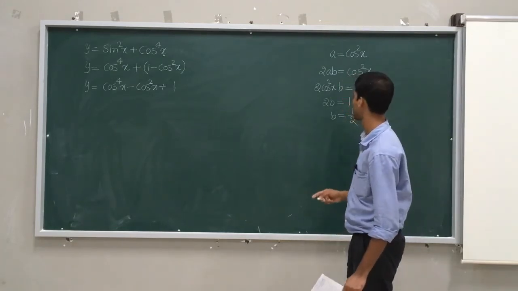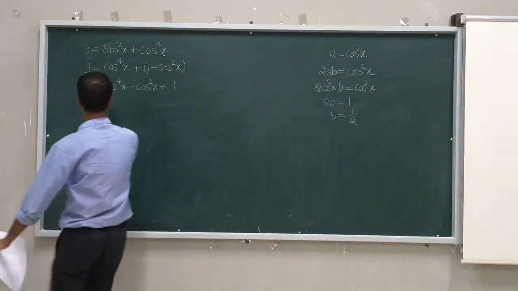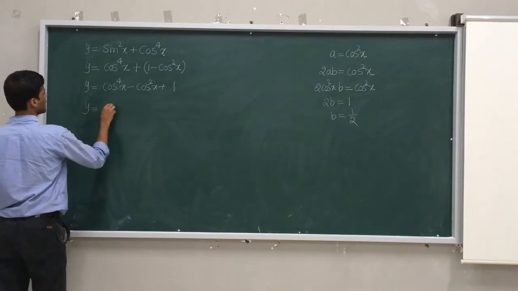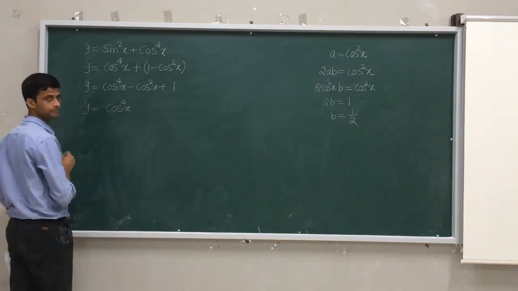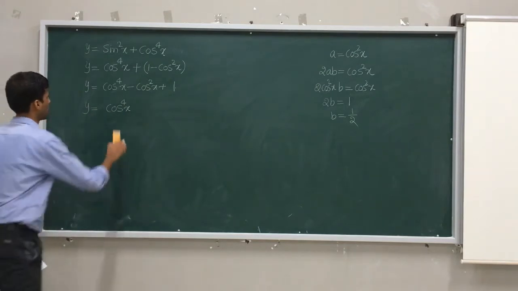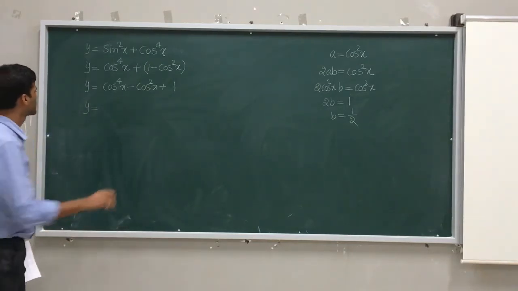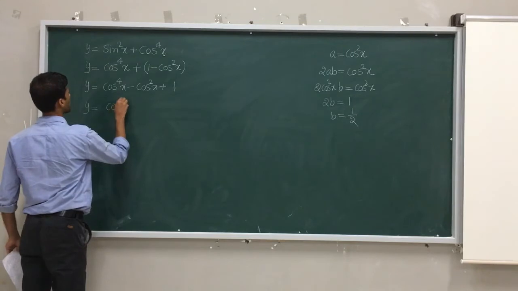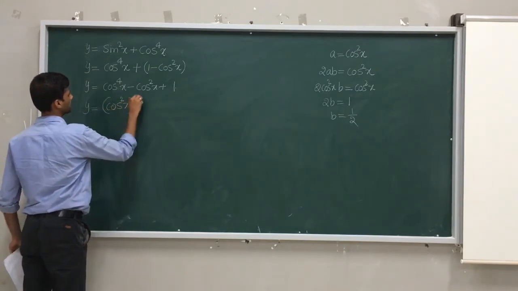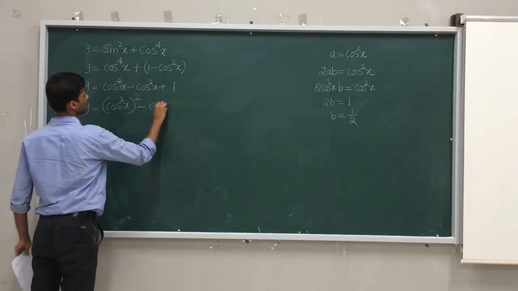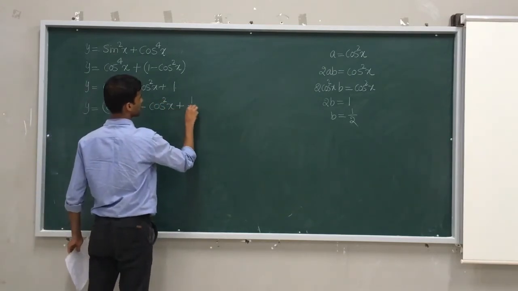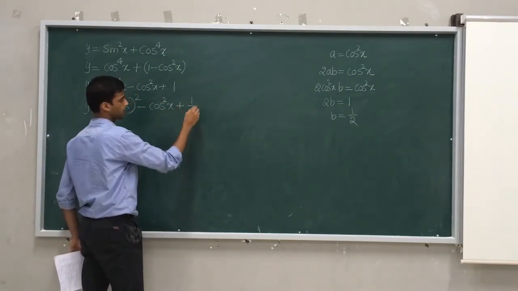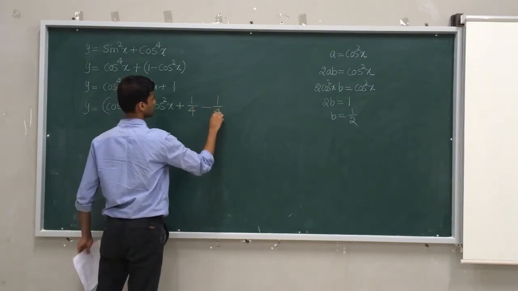So I can say this can be written as cos raised to 4x, that is A square, or if you are confused, write this as cos square x the whole square minus 2AB plus B square. B square is 1 by 2 the whole square, 1 by 4. It is new to me, so I will subtract it and add 1.